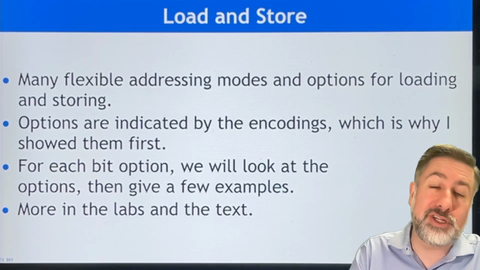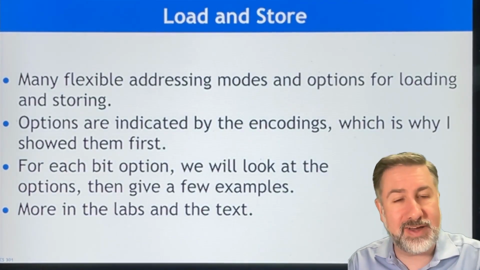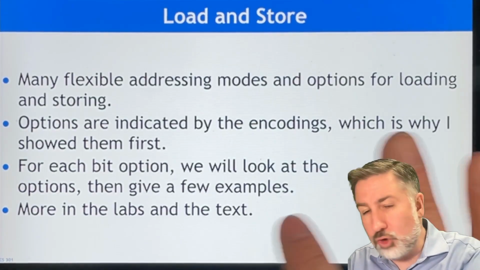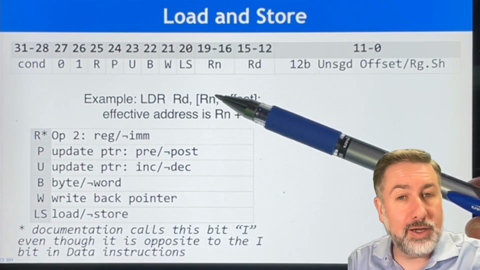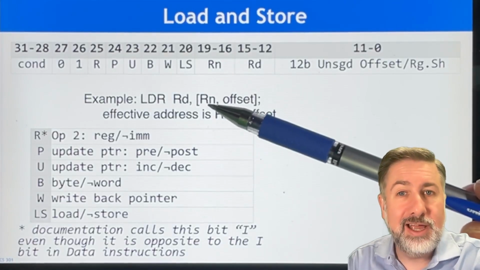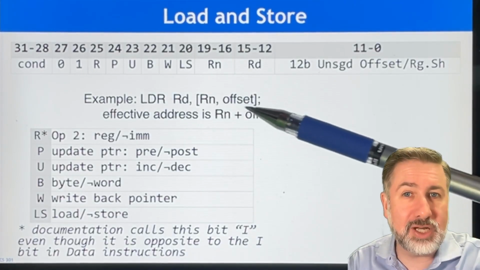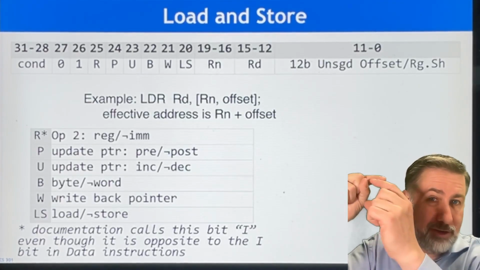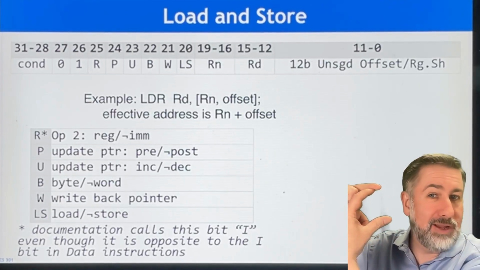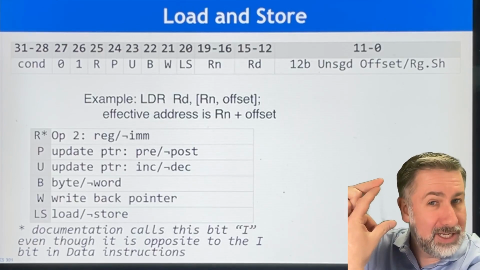ARM builds in all these options to look at the different ways of accessing memory. And so usually what you do is you have a pointer, right, an address, and then from that address you have some offset. Maybe you're pointing at the beginning of the array, and then you've got some offset from the beginning of that array, whether that's a register offset or an immediate offset.